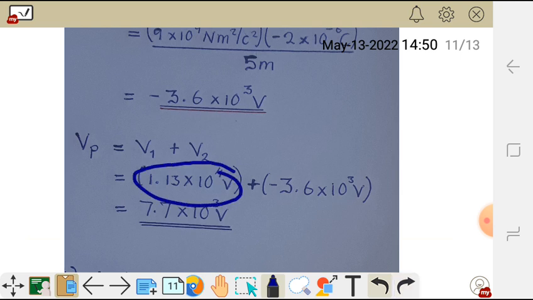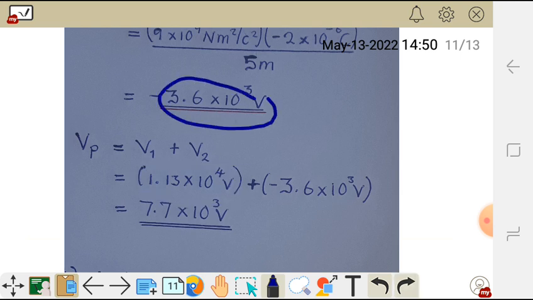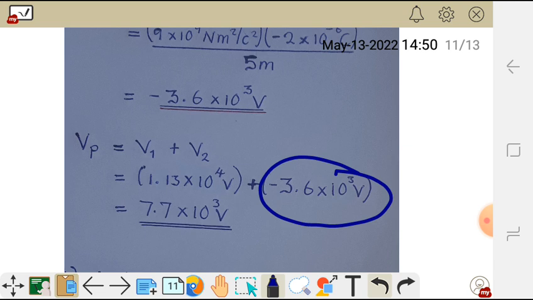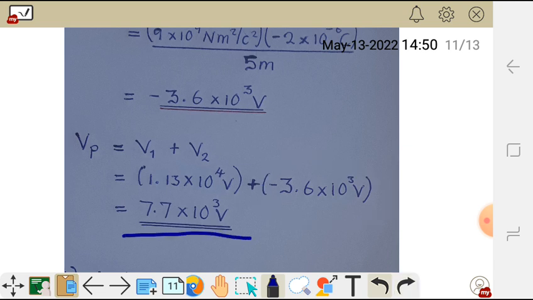You add this plus the one we found there, and we're going to find that our potential at that point P is 7.7 by 10 to the power 3 volts. So that's how to solve that question.